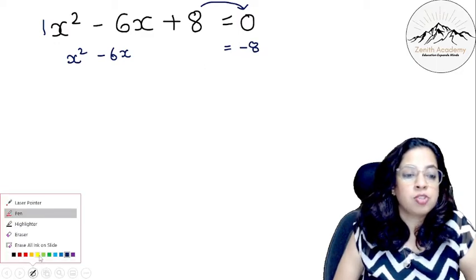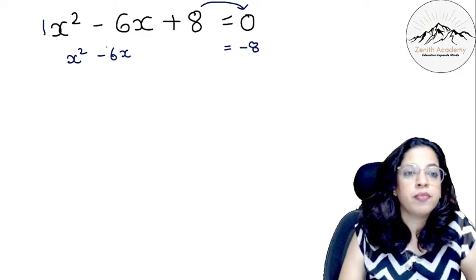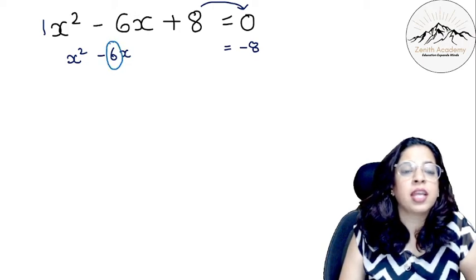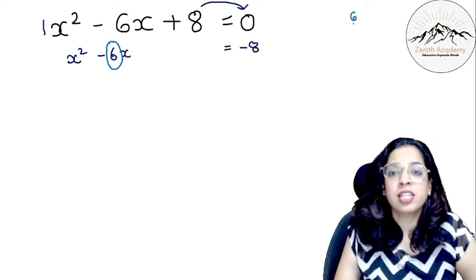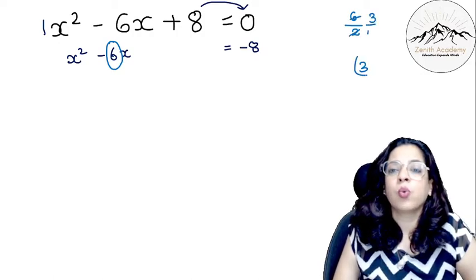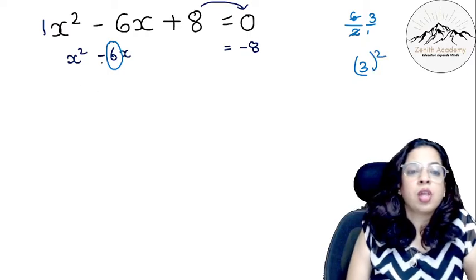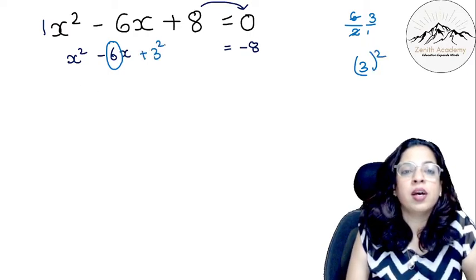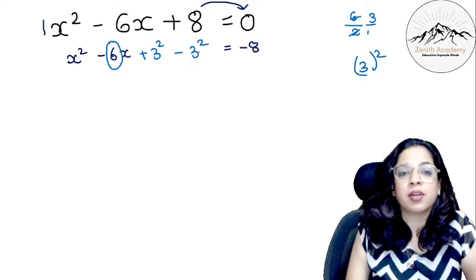Okay. Now check the coefficient of x without the sign, that is 6. So 6 divided by 2, that will give you 3. Now make the square of 3. So now you will add 3 square here and you will subtract 3 square here.